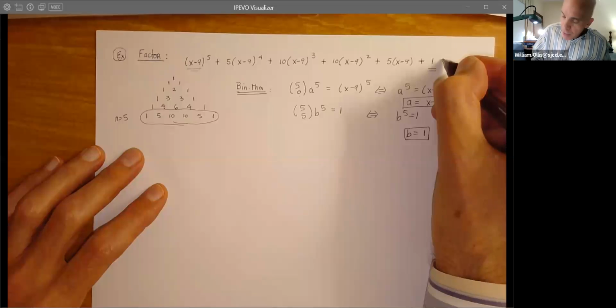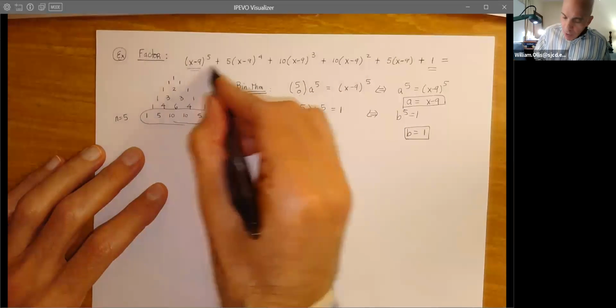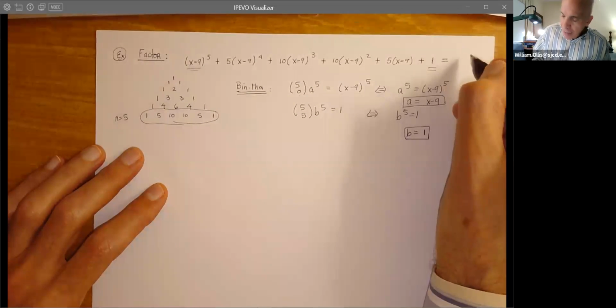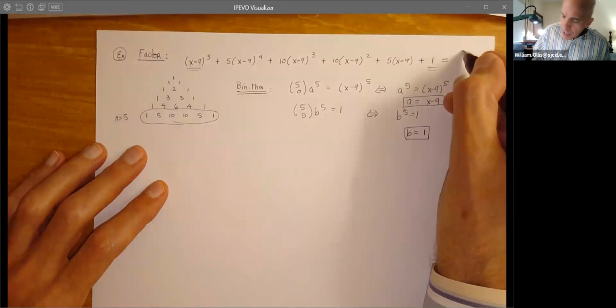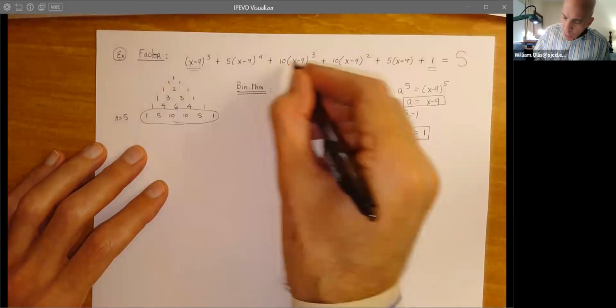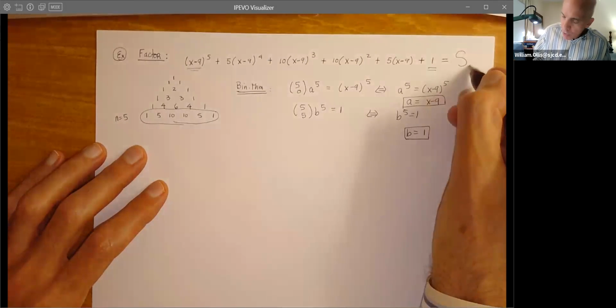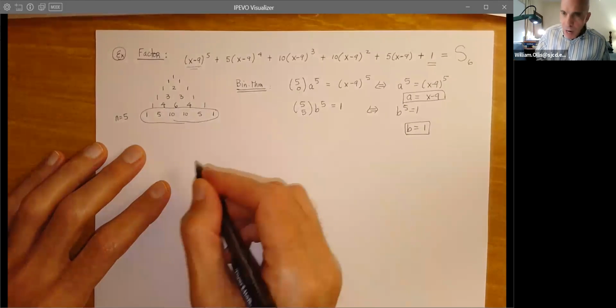I'll give this a name. Because it has 6 terms, 1, 2, 3, 4, 5, 6, we'll just call it S of 6, so I don't have to write it down again.